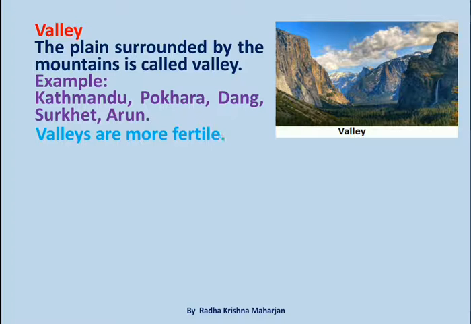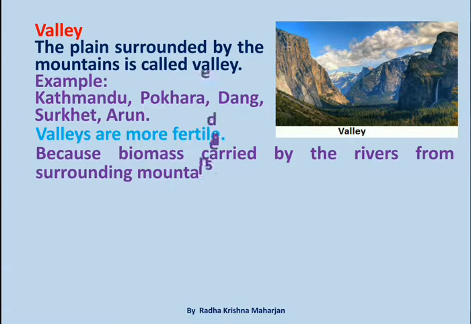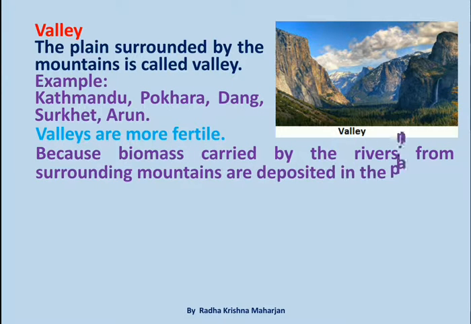Valleys are more fertile because biomass carried by the rivers from surrounding mountains is deposited in the plain.